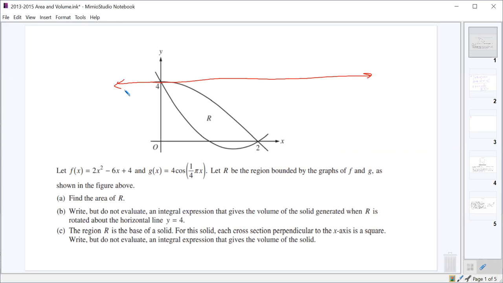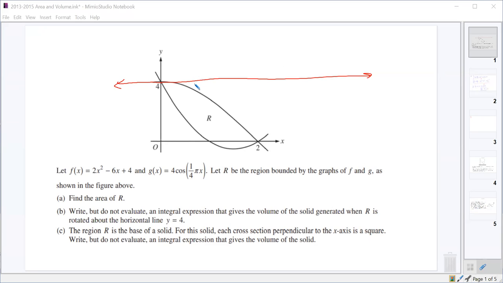I had a few different people asking me about part B of this one. If we take this region and revolve around this line y equals 4, that's going to give us washer cross sections when we slice it vertically.